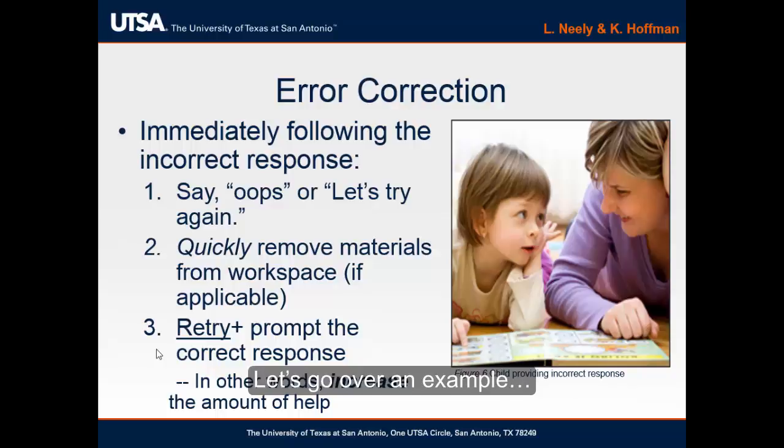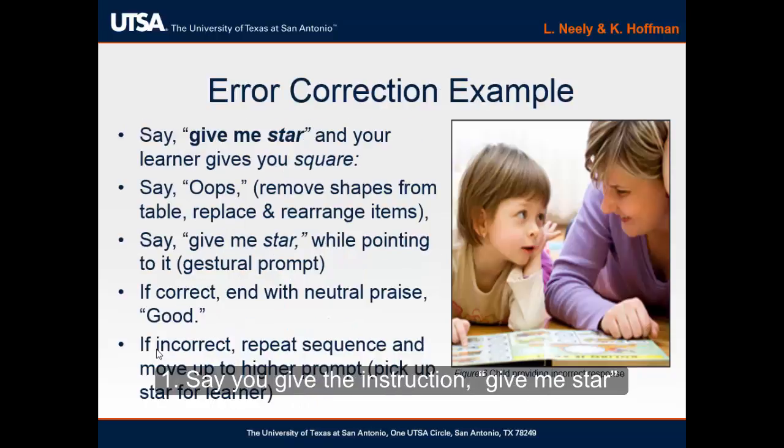So let's go over an example. Say you give the instruction, give me star, and your learner gives you a square. You'll say, oops, remove all the shapes from the table, then replace and rearrange the items. You'll repeat your instruction, give me star, while pointing to the correct answer, which is of course a gestural prompt.